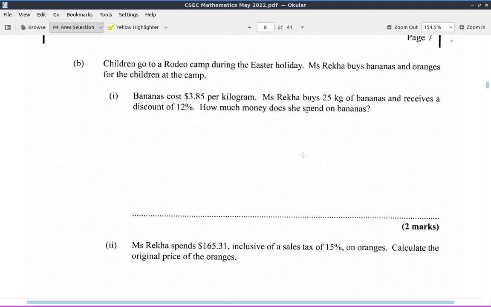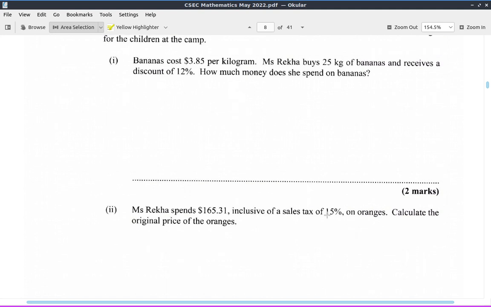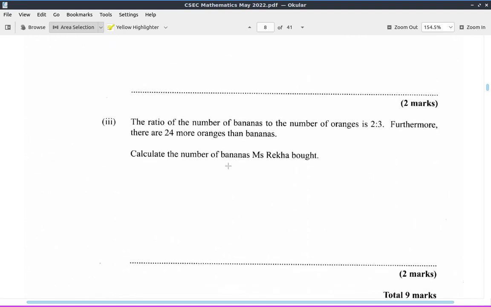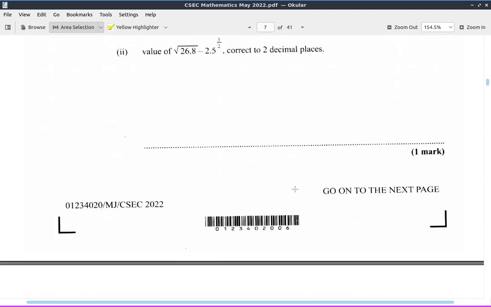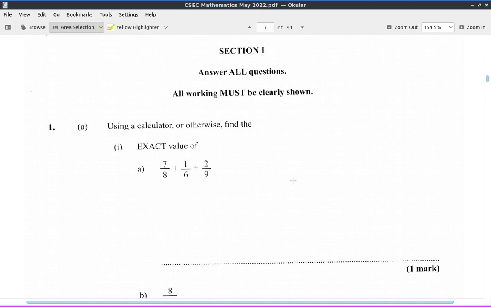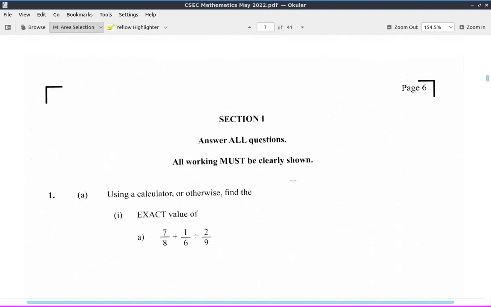Some amount of consumer arithmetic is combined here, and then you have the money including tax. I calculate the original price, which will be billed for tax, and then the ratio of banana to oranges. Alright, so here we're going to start looking at working out these questions in our next video.